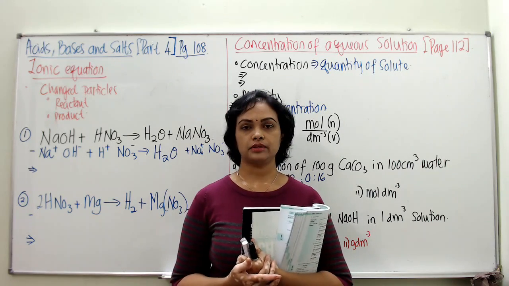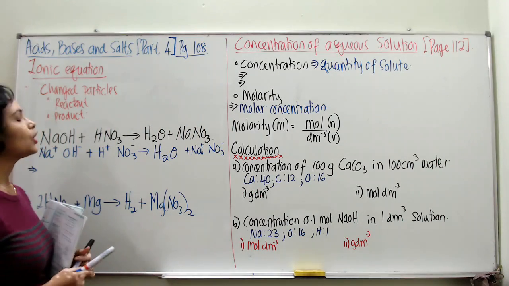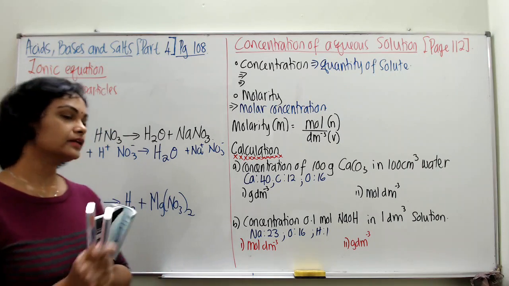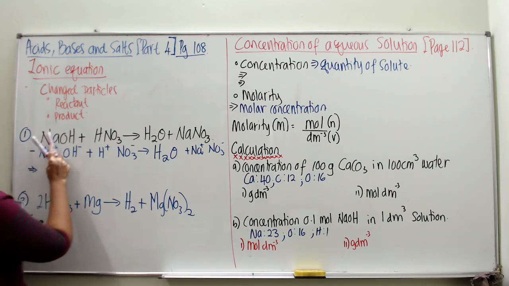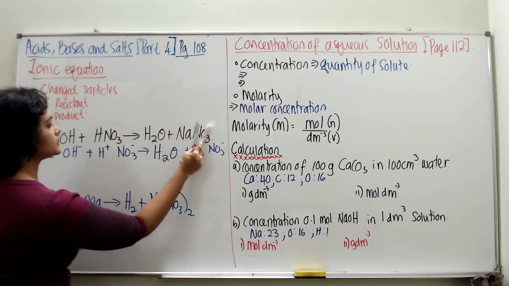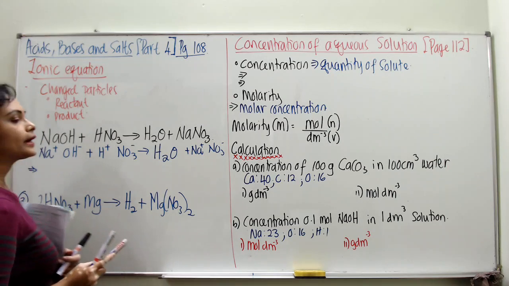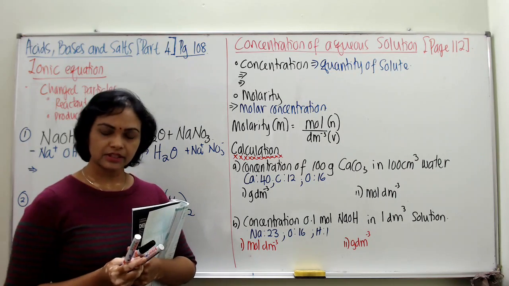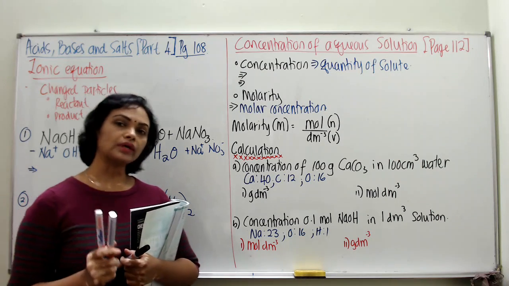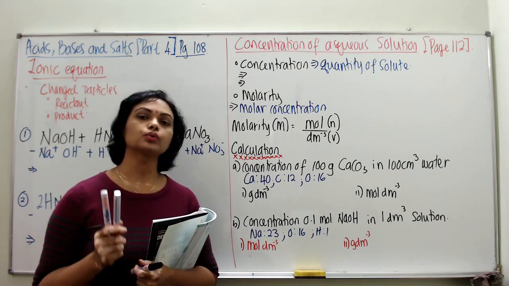Okay, so let's start. So let's go to what is the meaning of ionic equation. So one thing I would like you to understand, what have I written here? What I have written here is chemical equation. Now, when you're writing ionic equation, only consider particles which have gone through a change.